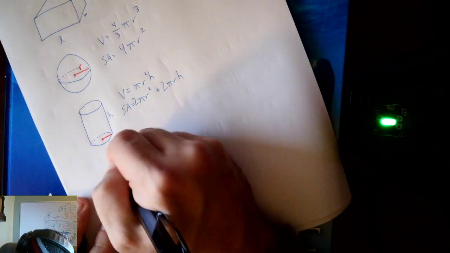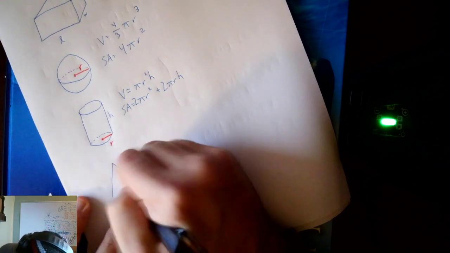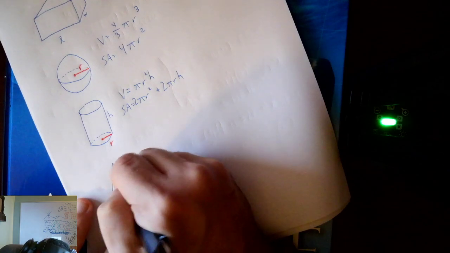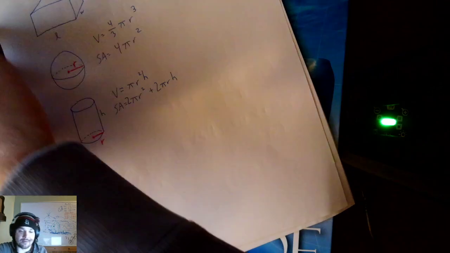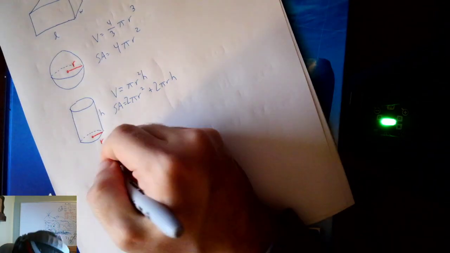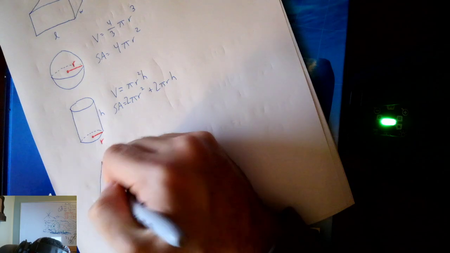The last shape we're going to be working with is a cone, which is kind of like a pointed circular object, right? It's got a circular base, but it has a pointed tip. Think of an ice cream cone. Now, once again, there's a radius, but this time, the other measurement is a height.